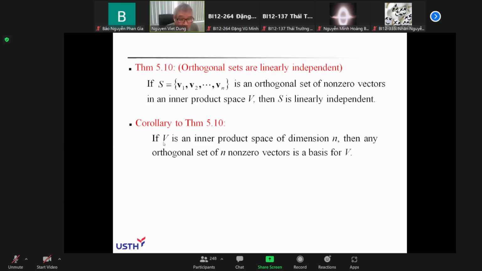In case we know that V is of dimension n, then S consisting of n orthogonal non-zero vectors must be a basis for space V. That is the observation, we say it here.